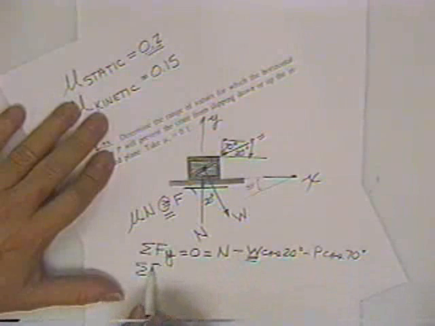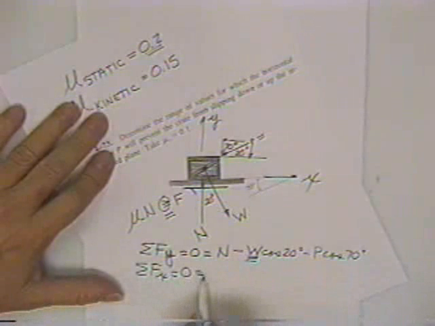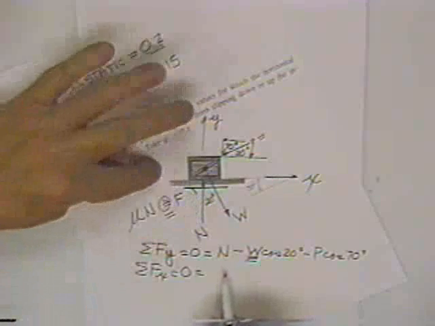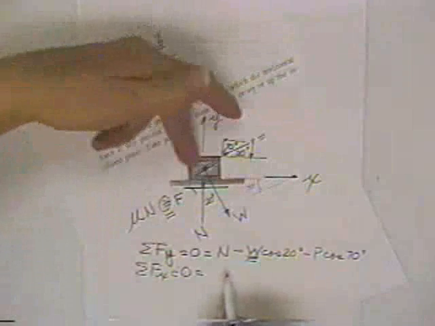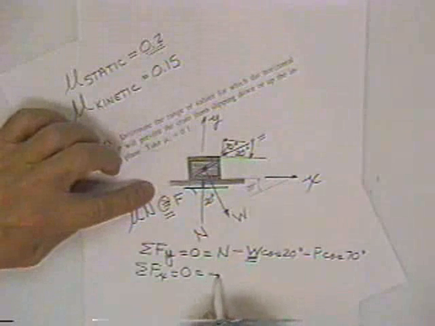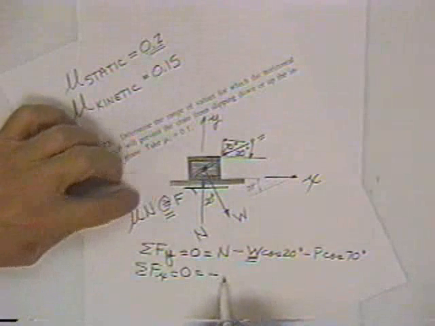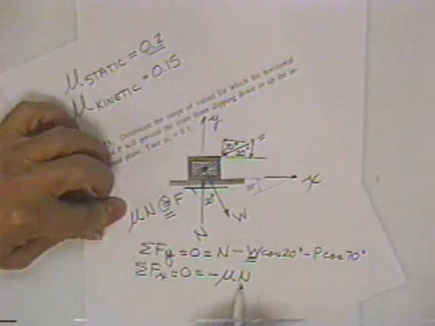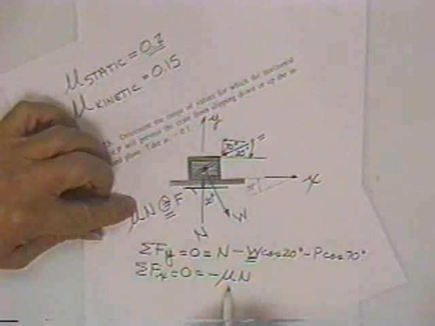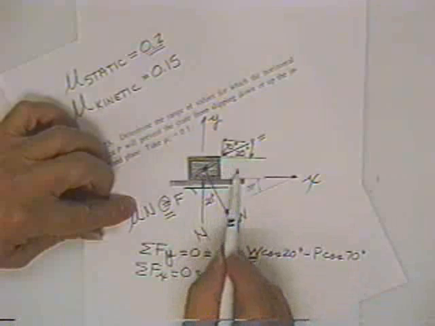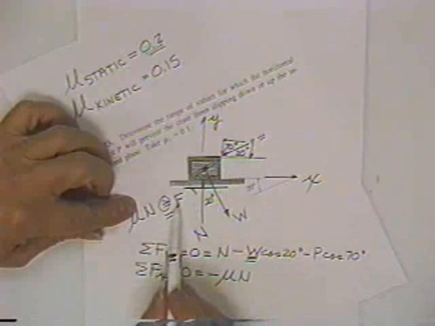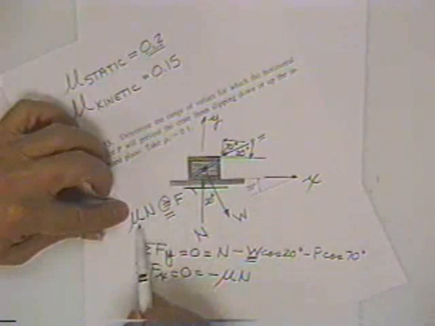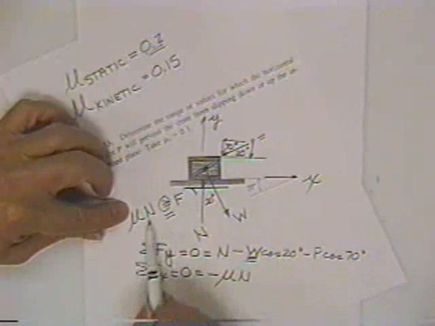Now, secondly, the sum of the forces in the x direction has to equal 0. Is equal to, the normal force doesn't have any x component, so I don't have to fool with that, minus the friction force, but that friction force is coefficient of friction times normal. That's as big as it ever gets, and I want it to get that big. In other words, when this thing is just ready to slip, this will start off at 10 pounds, 20 pounds, 30 pounds, 40 pounds, 80 pounds, 200 pounds, and finally get up to this number, and then this number will get no larger.